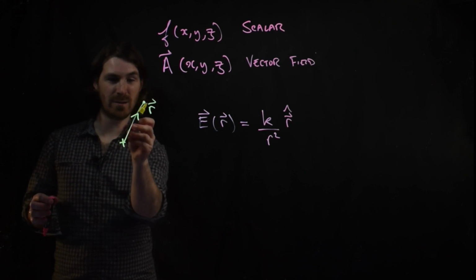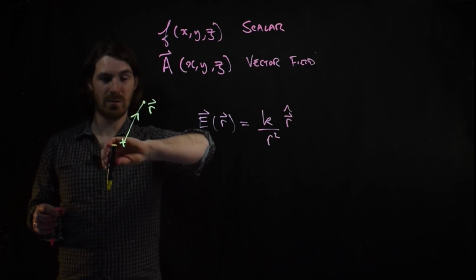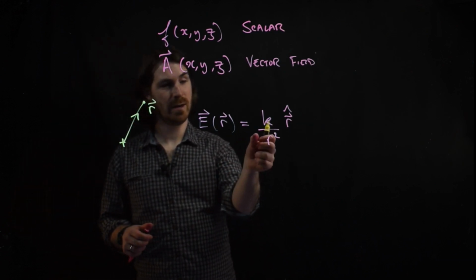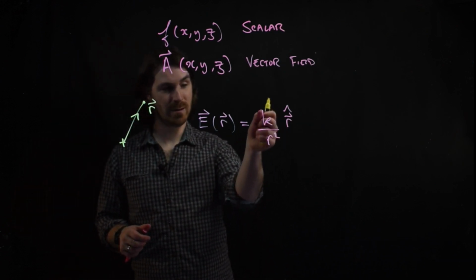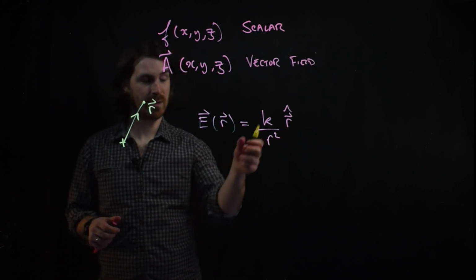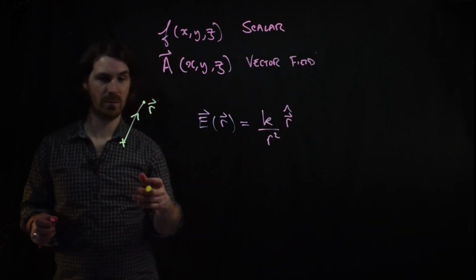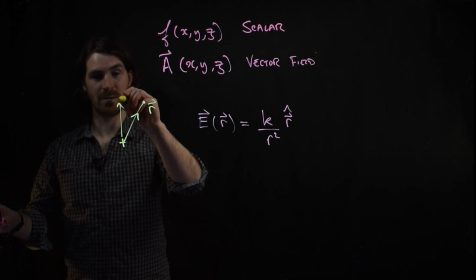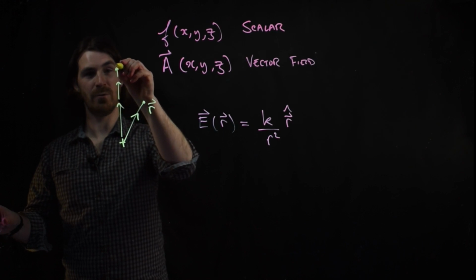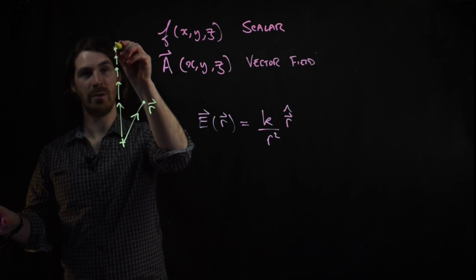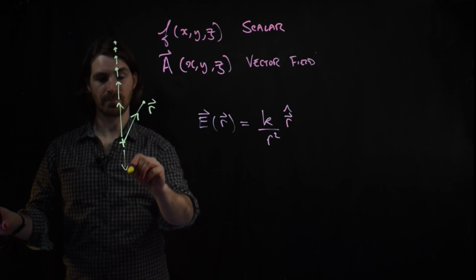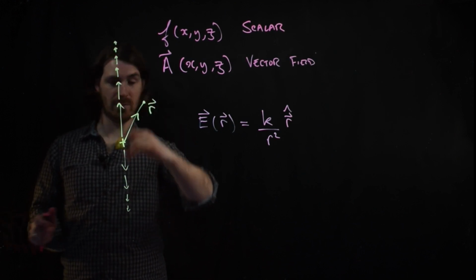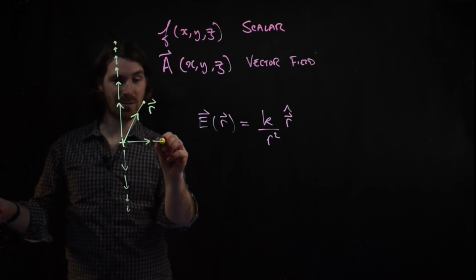So the field lines are radially outwards from the positive charge, and at each point the electric field is inversely proportional to r squared. So our field lines look like this. The further we go away from the point, the smaller they get. It should be symmetric. It's not. Apologies.